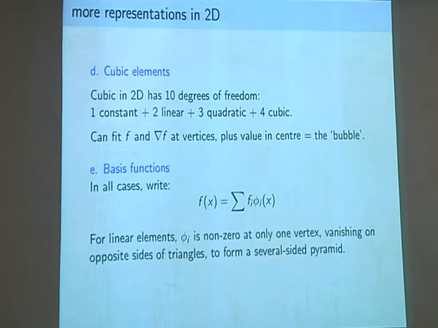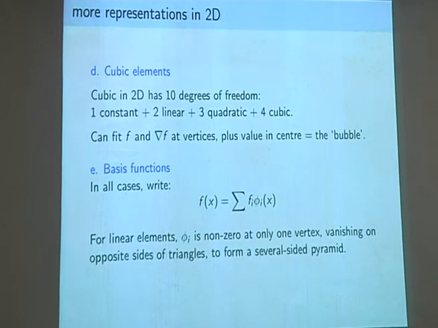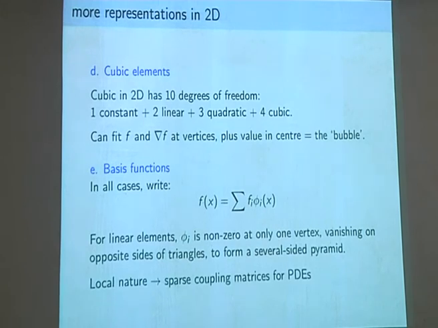So in the case of linear elements, the basis function will be non-zero at only one vertex, but that vertex will be in several triangles, and in each of those triangles it vanishes on the other 2 vertices. So this basis function is a pyramid with linear sides, and it may be 5-sided or 6-sided or 3-sided. It depends how many triangles meet at the vertex.